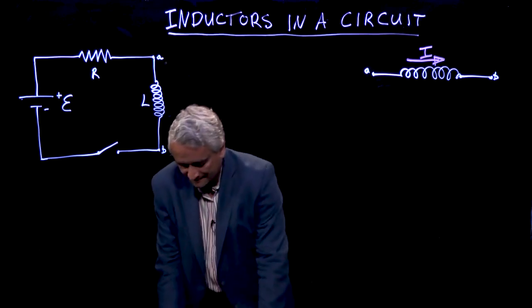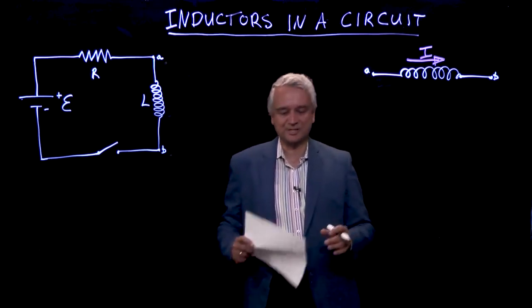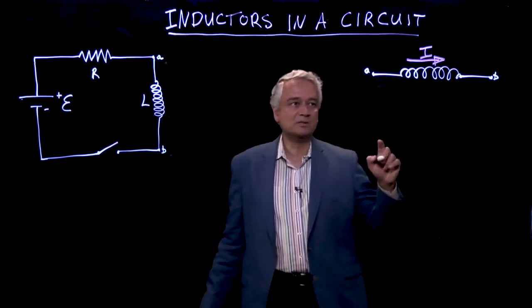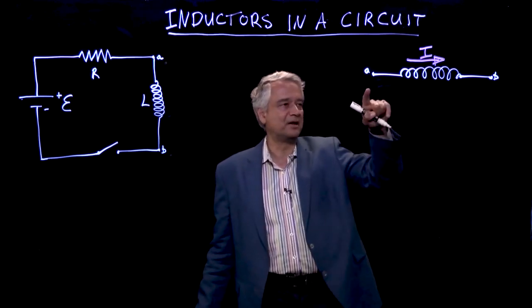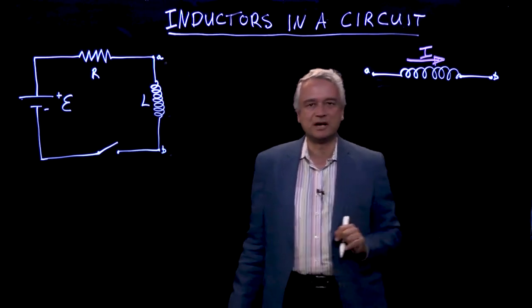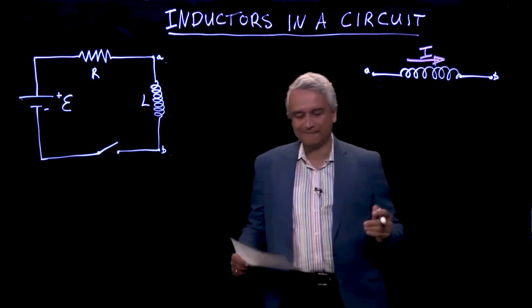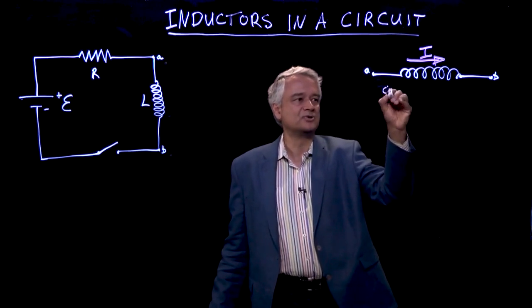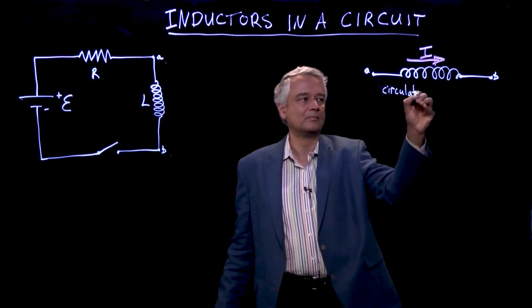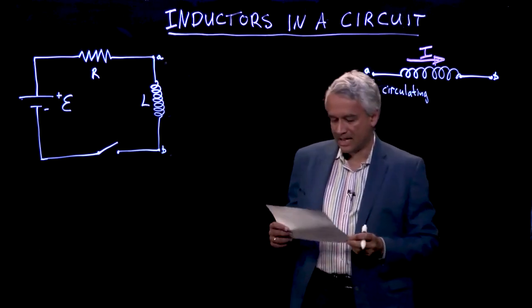This is the current direction. Now let's suppose that as I'm analyzing the circuit with my finger, I'm walking across the inductor in this direction. Let's say that I'm circulating in the direction of the current.